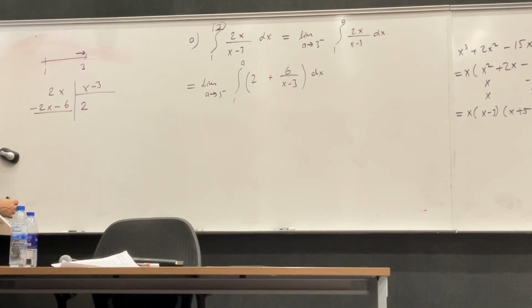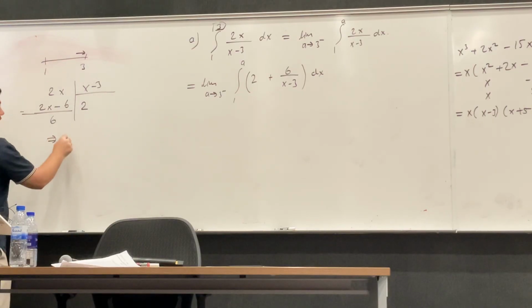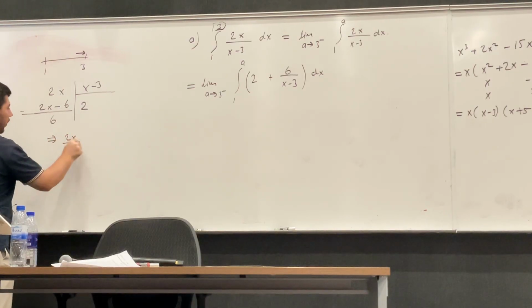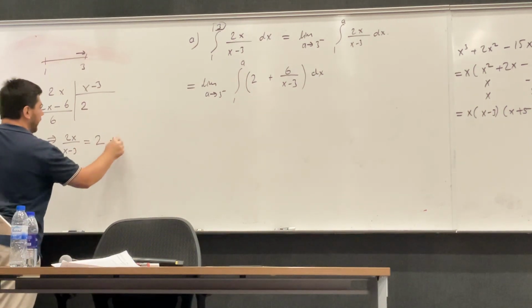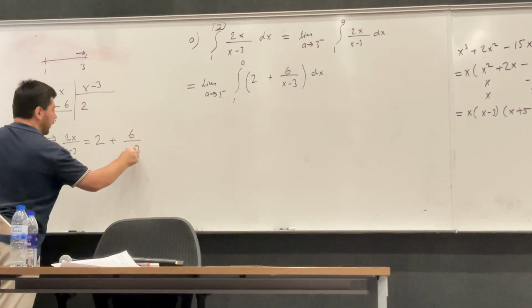If you subtract 2x minus 6 from 2x, what do you get? Plus 6, because minus minus makes a plus. So this means 2x over x minus 3 is equal to 2 plus 6 over x minus 3.